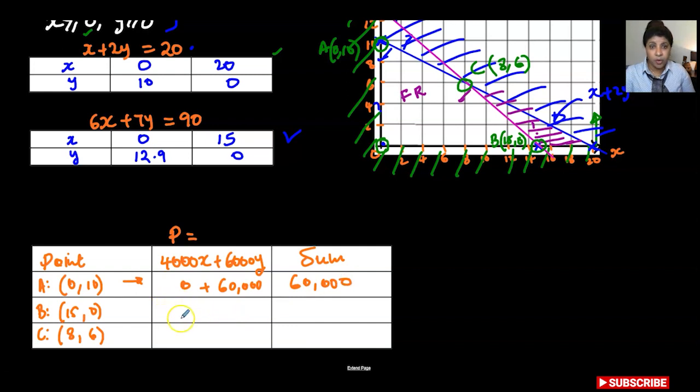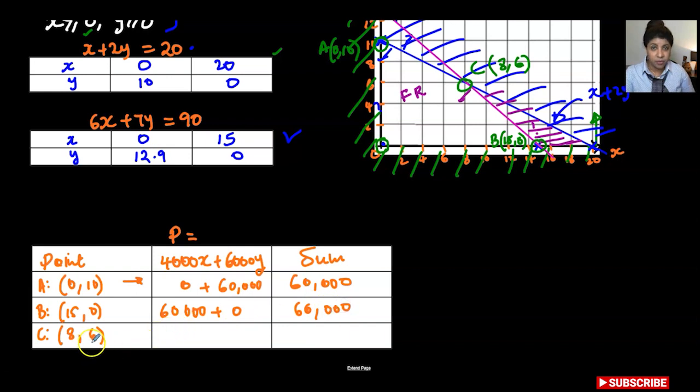Okay, and now for point B, we've got x 15. So we put the values in there. 15 times 4 is 60, and then we've got the 000, so that's 60,000 again. Plus 0 times 6,000, that will just give you 0. So this gives you 60,000 again.